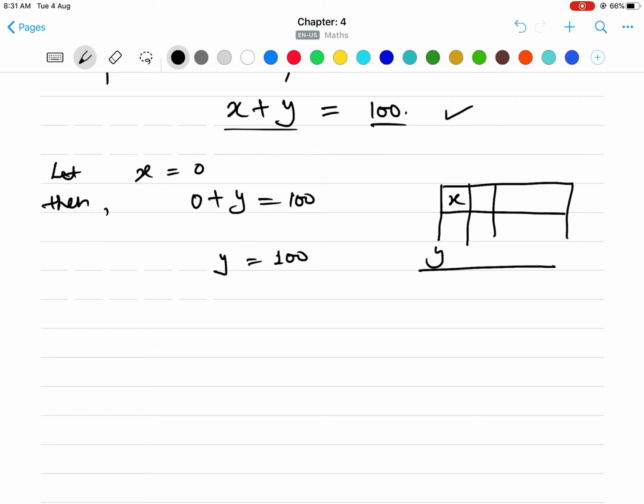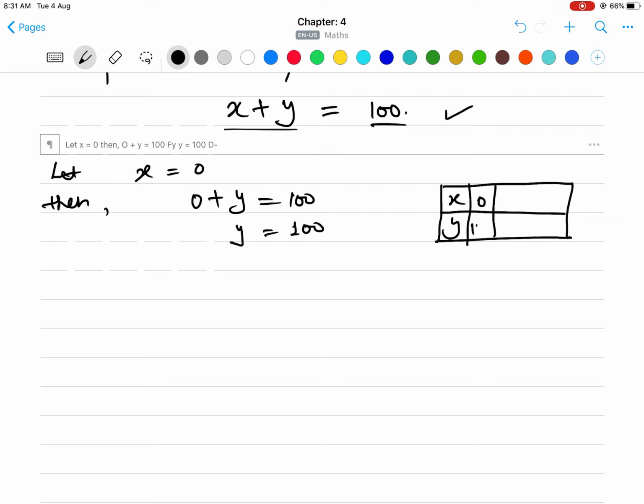So the first one is, on taking x 0, y is 100. Okay, next let's take y equal to 0.